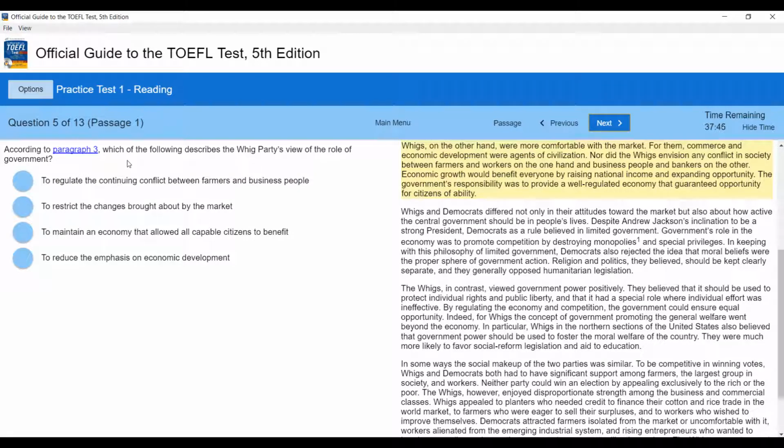Okay. Next, another detailed question. The Whig Party's view of the role of government. So this is the last sentence here. The government's responsibility was to provide a well-regulated economy that guaranteed opportunity for citizens of ability. So I need to see which one of these reflects this idea. It's not the conflict, it is regulating.